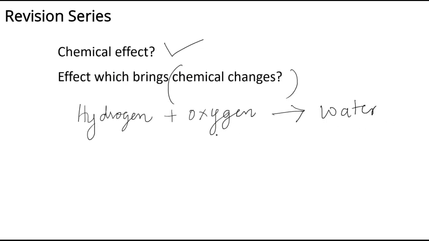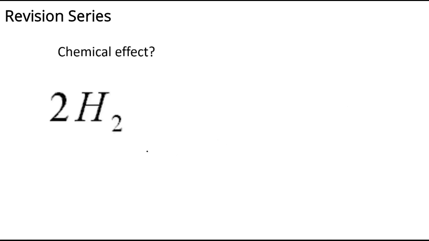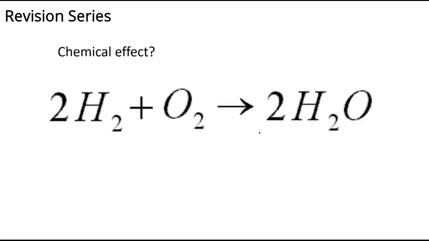If I write this using proper formulae and symbols, it can be like 2H2, which is hydrogen, 2 parts of hydrogen, plus 1 part of oxygen, this is oxygen, gives 2 parts of water, right? This is a chemical reaction.